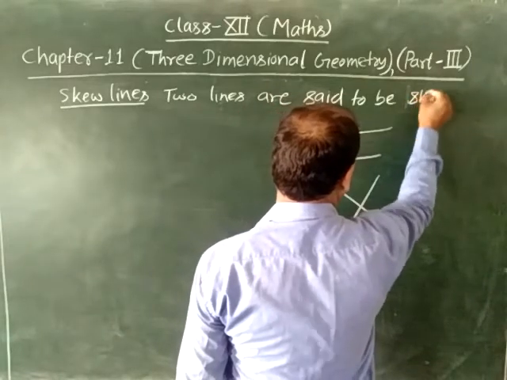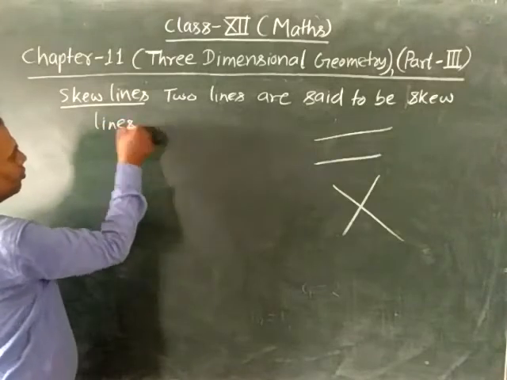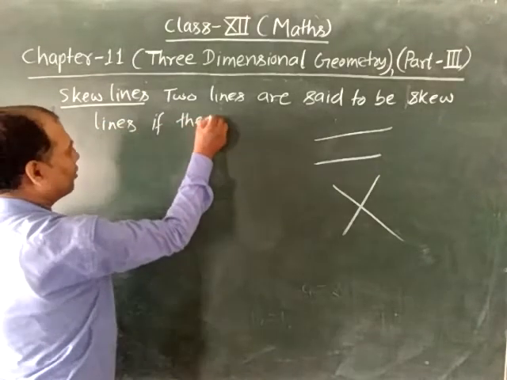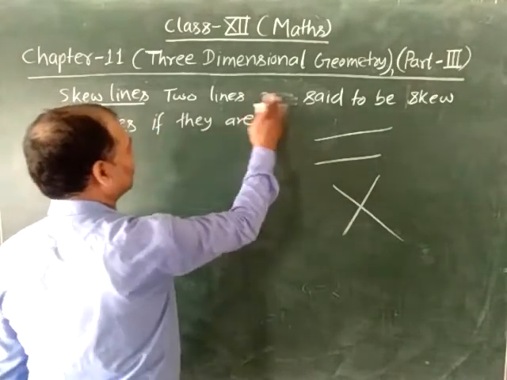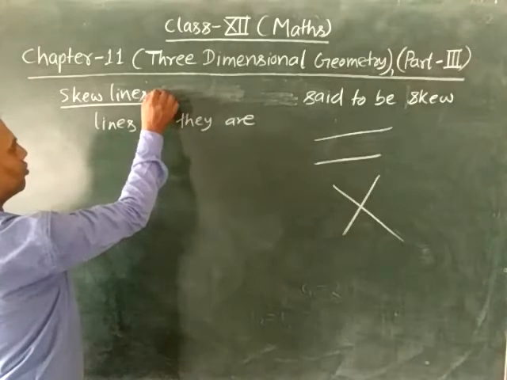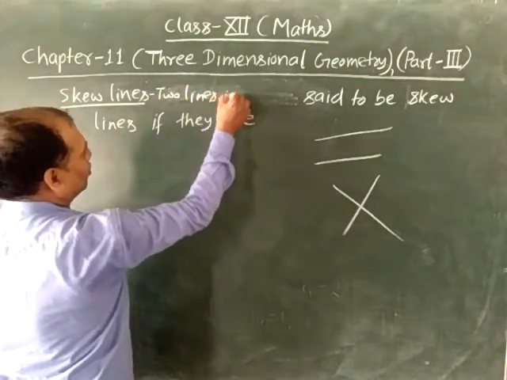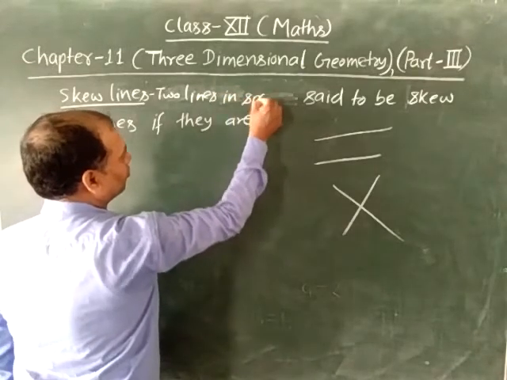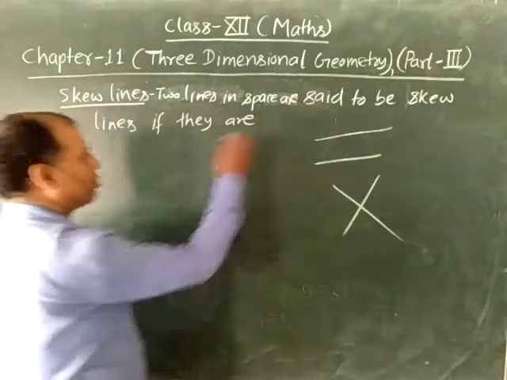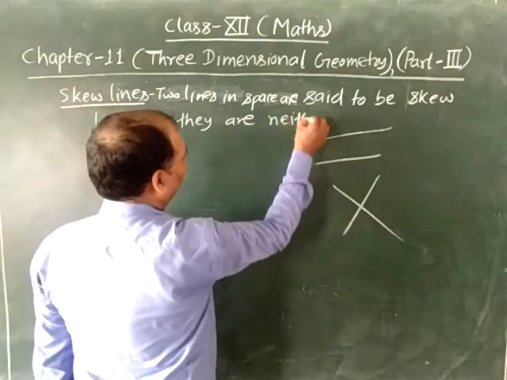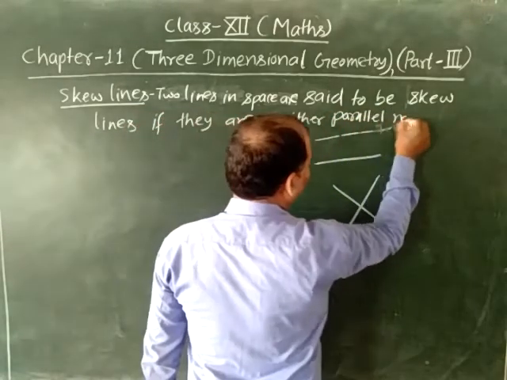Two lines in space are said to be skew lines if they are neither parallel nor intersecting.